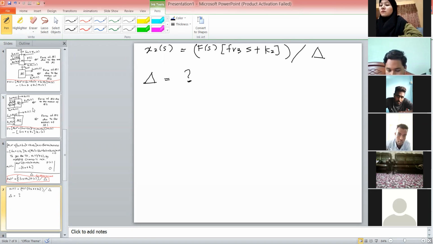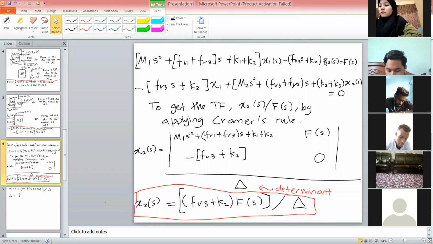Okay, we look at the question here. We take a look at this equation here. We will copy this in one part like this.